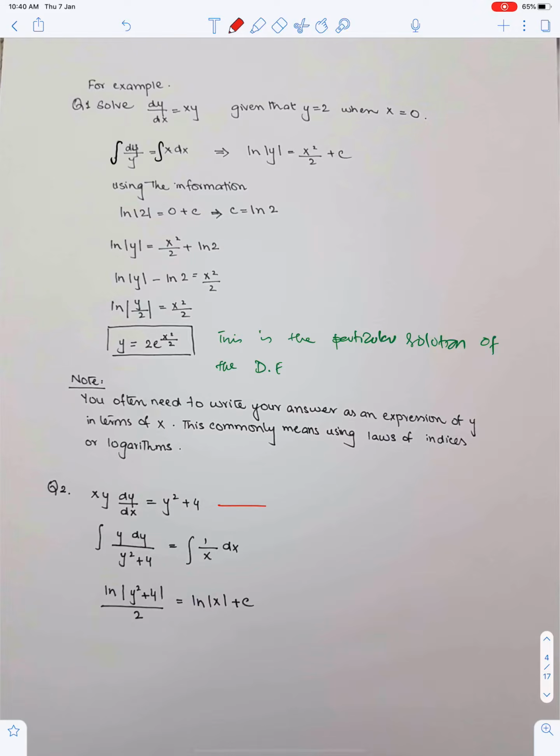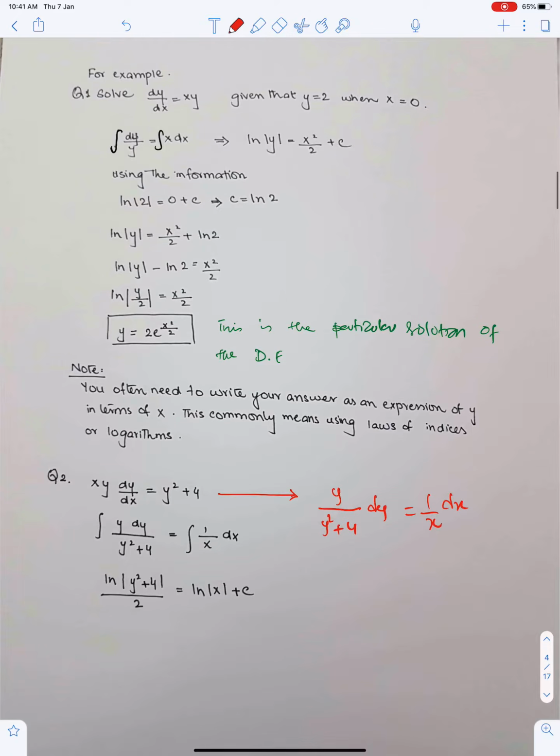So let me show this variable separable here. y upon y square plus 4 dy equals dx upon x, or 1 upon x times dx. This is the variable separable. And make sure you do this step carefully.